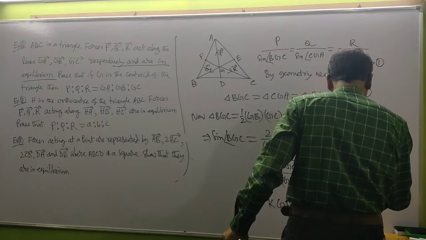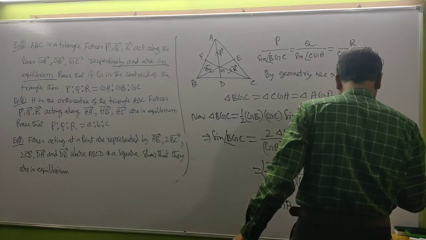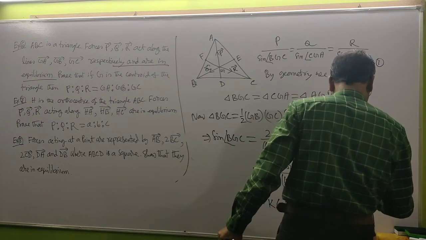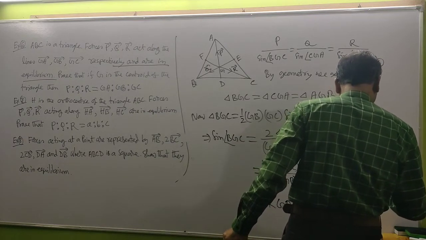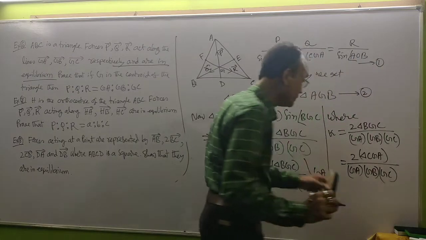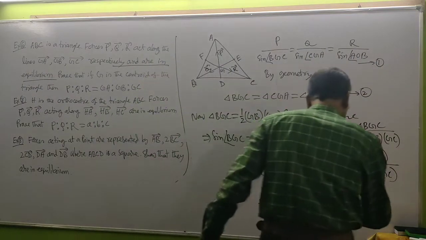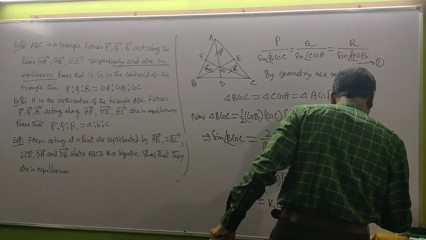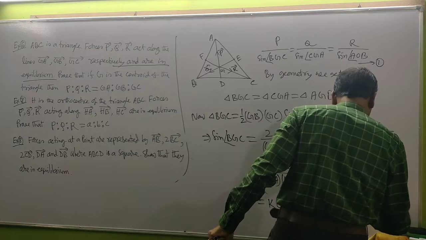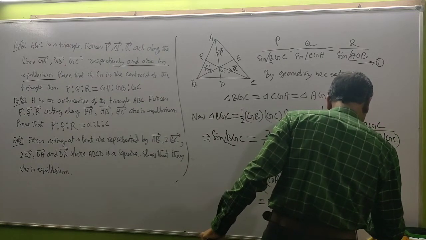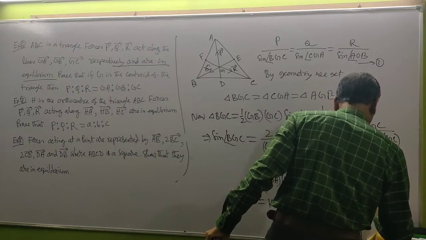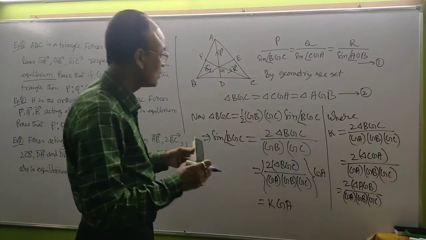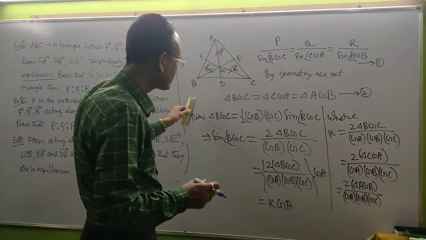2 times the area CGA divided by GA, GB, GC can also be replaced by K, and the area of the triangle AGB divided by GA should be replaced by K. Now, consider the triangle CGA.